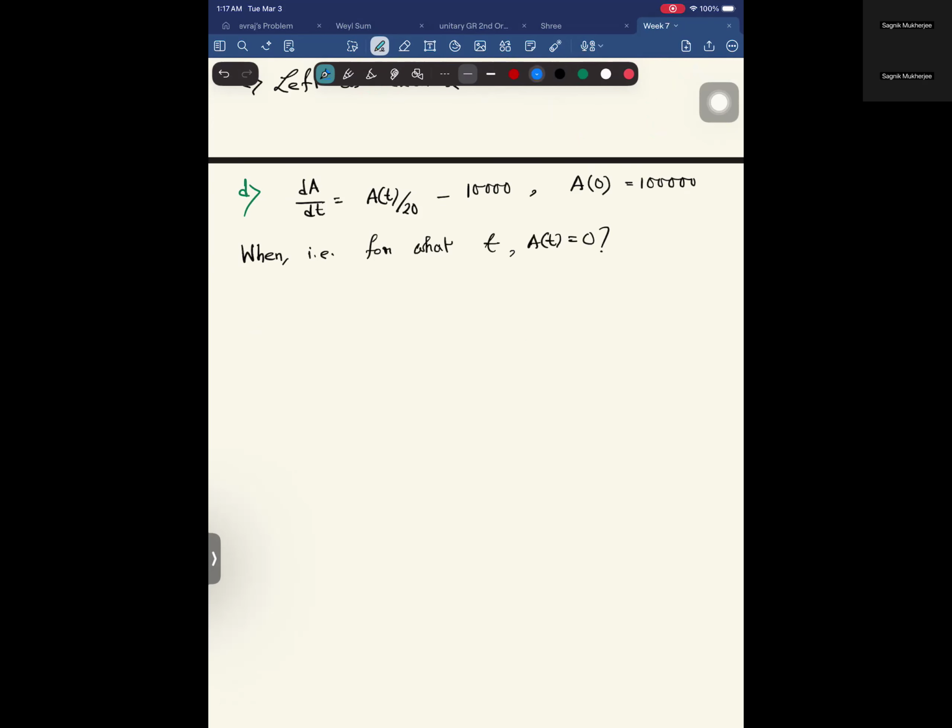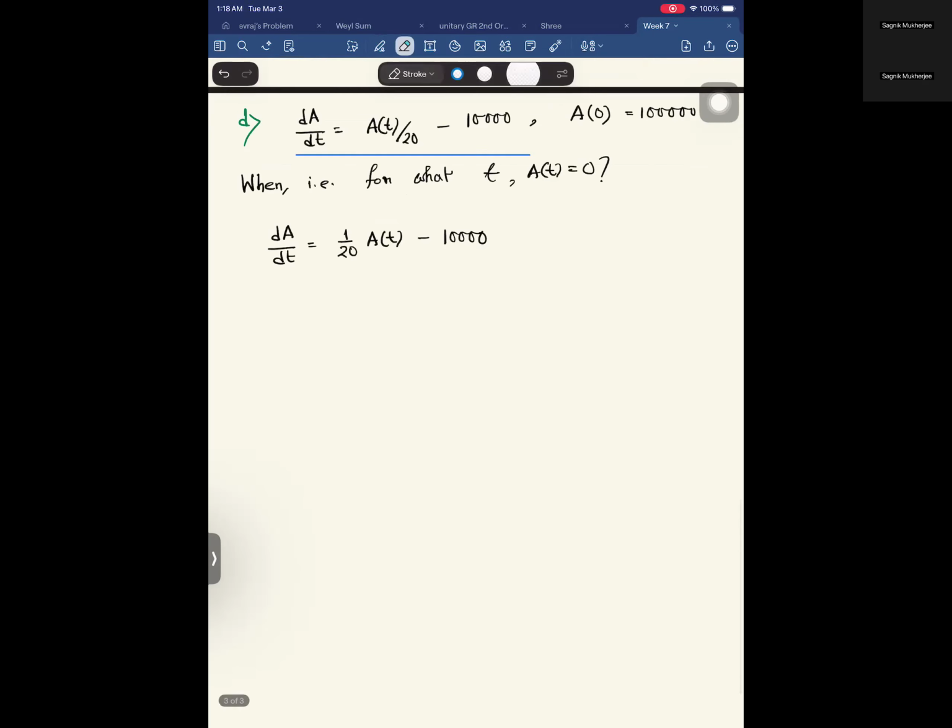So naturally, you have to solve this differential equation, right? So dA/dt is 1 over 20 A(t) minus 10,000. So how do you solve it?